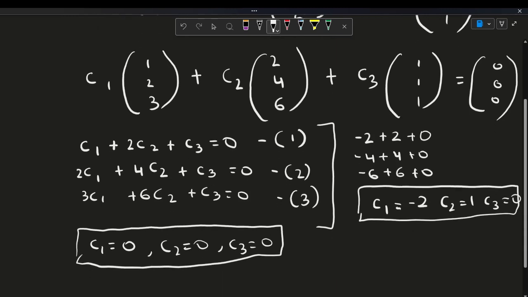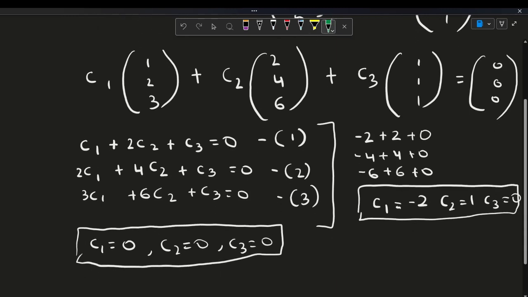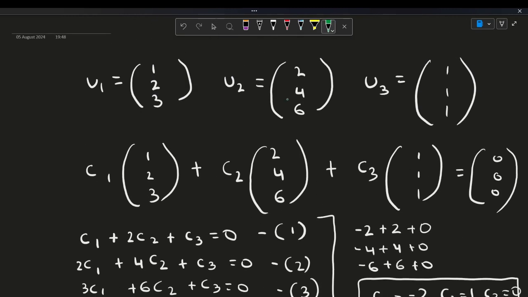Another way we can find out if this is linearly dependent is, let's go back to our original set of vectors. We have u1, u2, and u3. So can we find anything common between these three vectors?